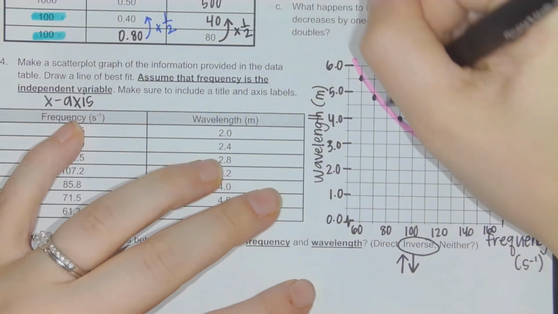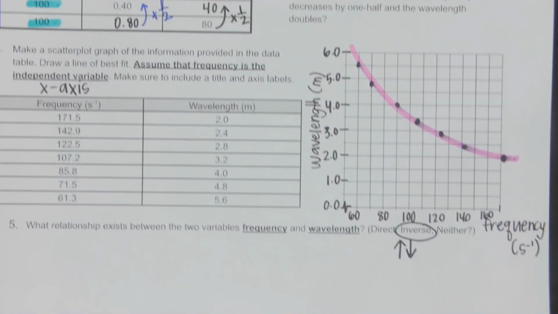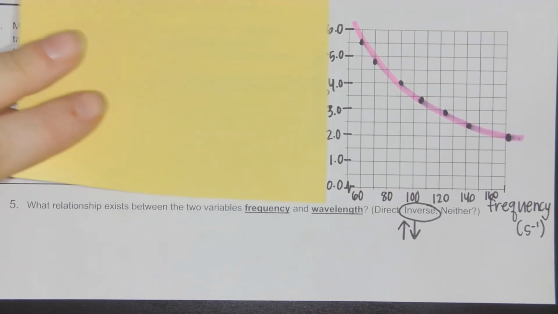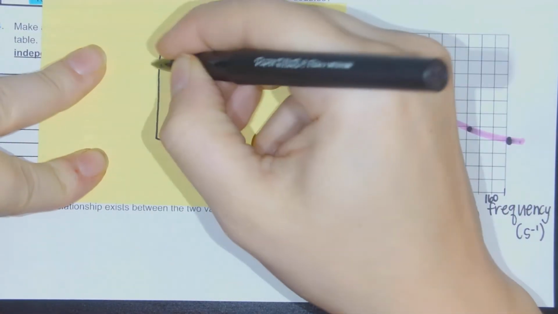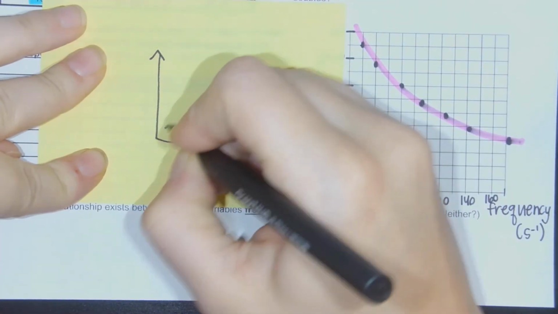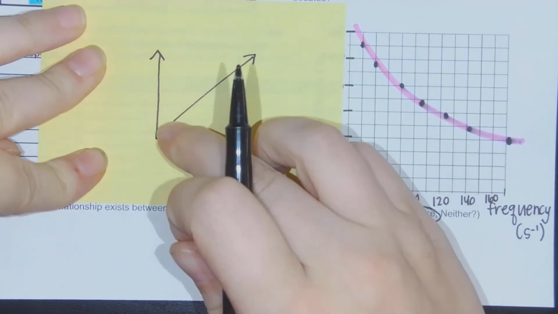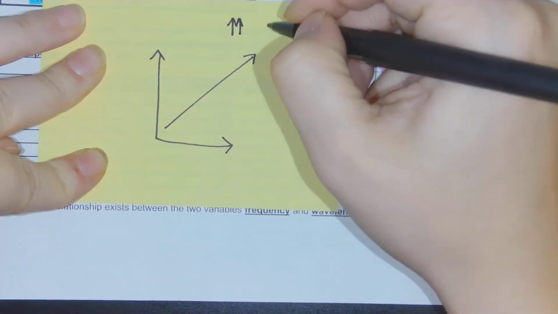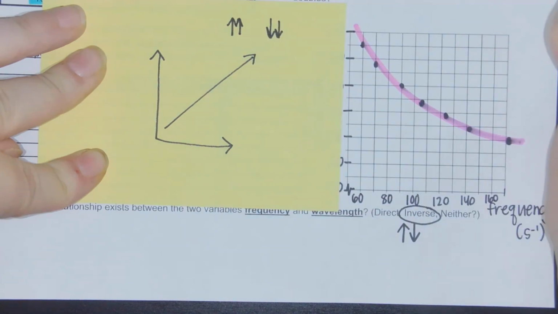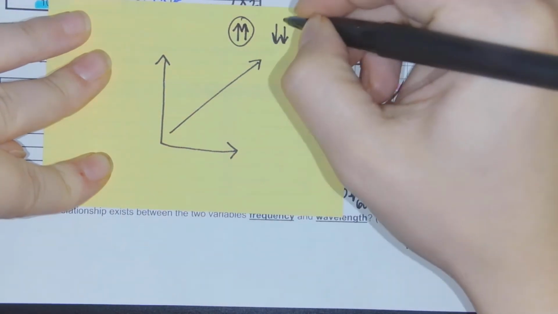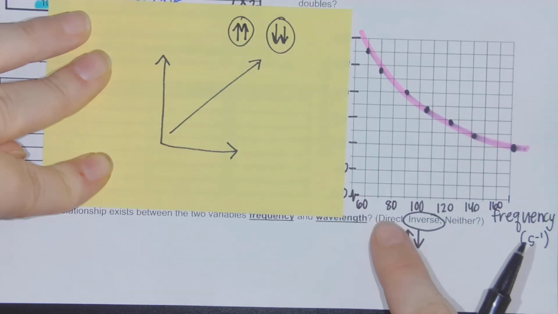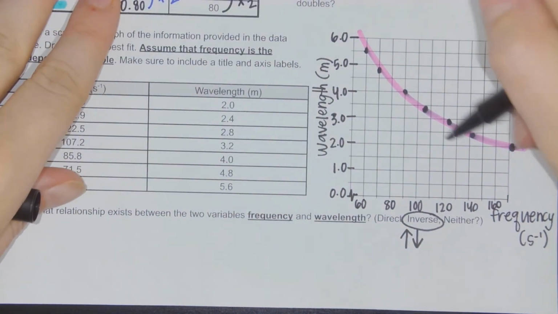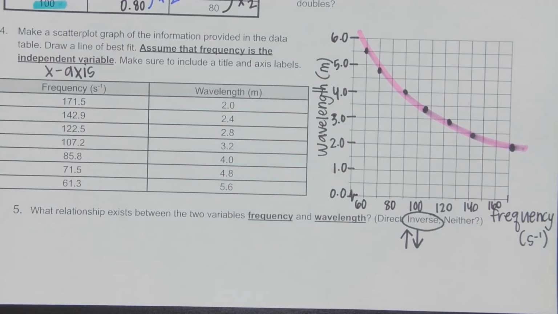So you get a curvy line like this. Let me draw you some other examples. If you have a graph that goes up linearly, when one side increases, the other increases, or they both go down. When they run in the same direction, then that's a direct relationship. When they run in opposites and make a curve, then that's an inverse relationship.